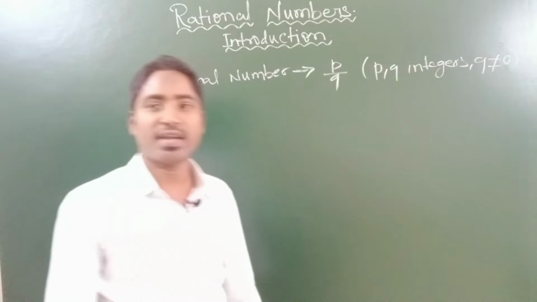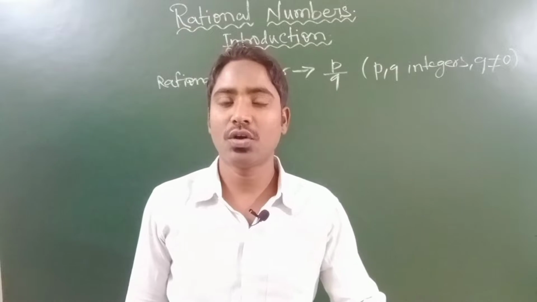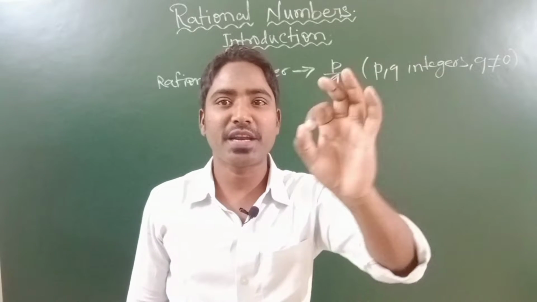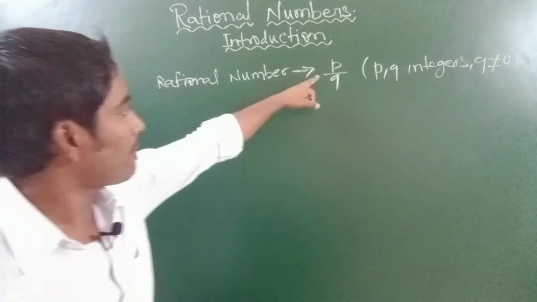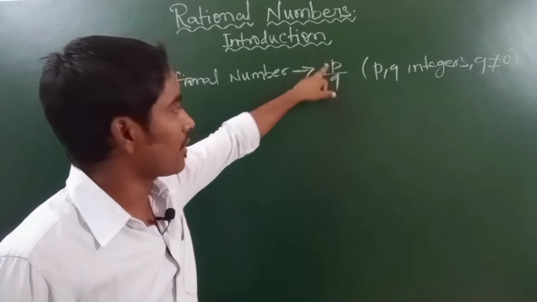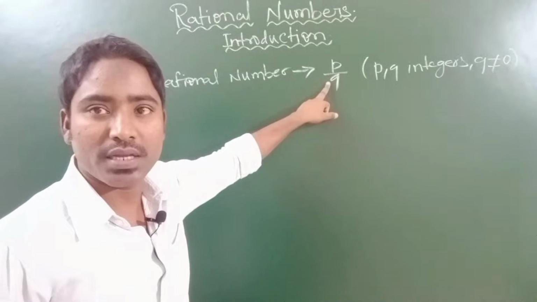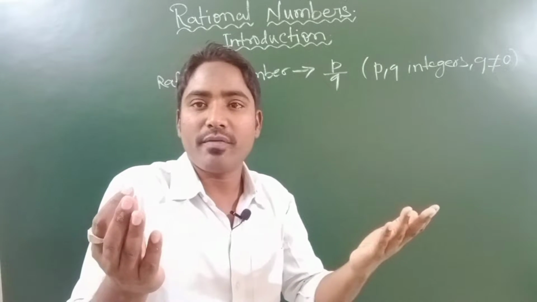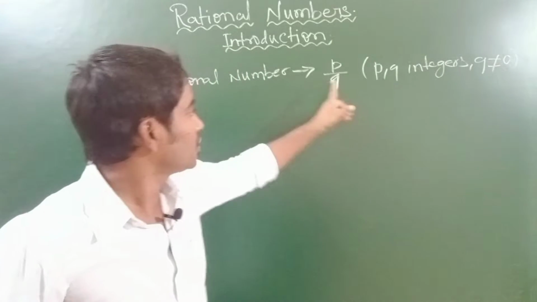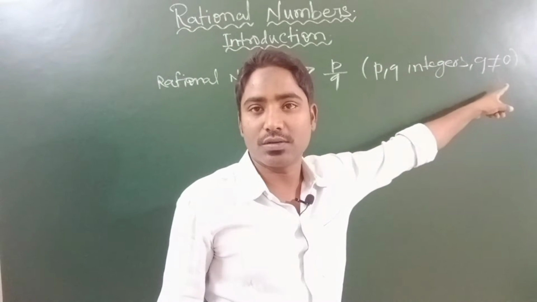We know that whenever we divide any number by 0, we get an indeterminate form. We will not get any result. That is why Q must not be equal to 0.